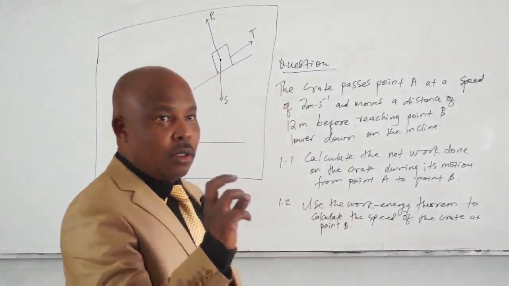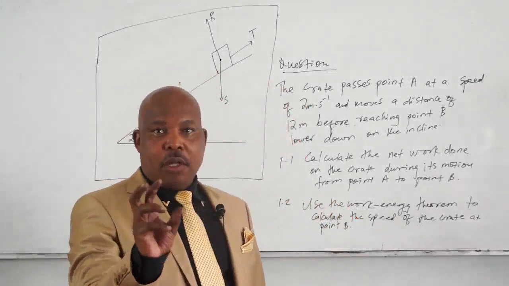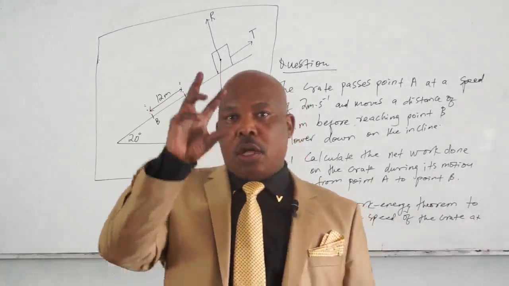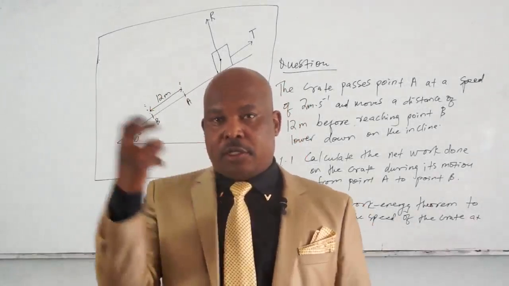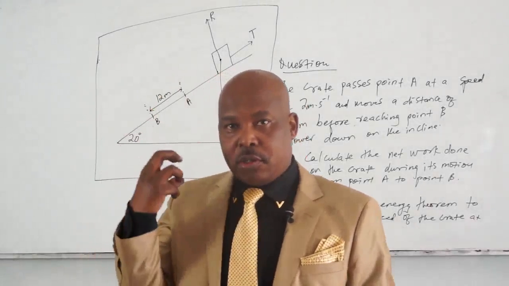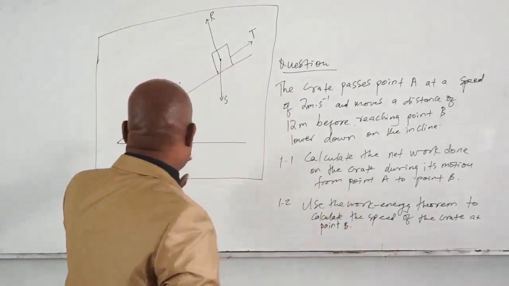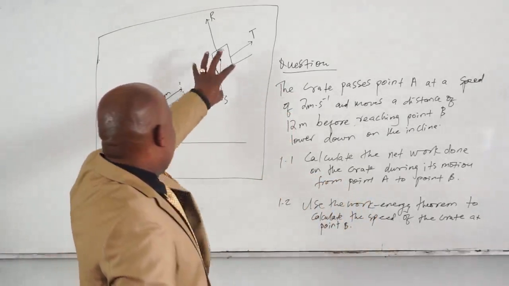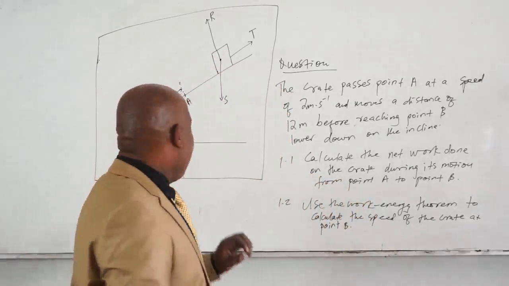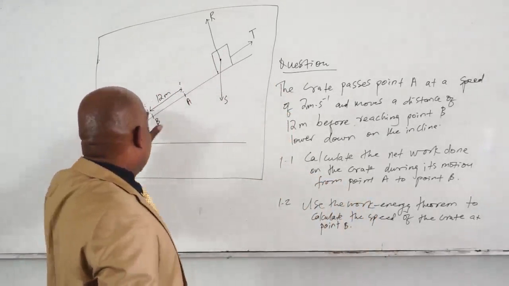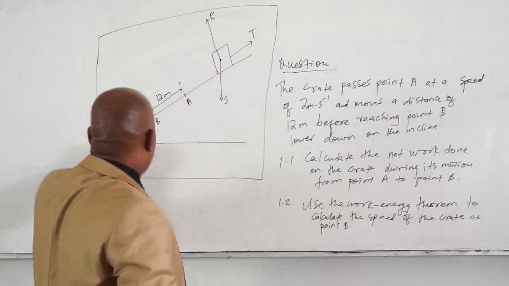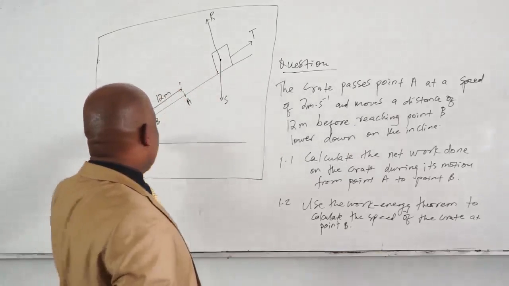Now continuing to do the second example. After I've explained to you how those forces work, let's look at this scenario, which is on the board. The first thing is you are given the crate, which has a mass of 70 kilograms, and it's sloping at 20 degrees to the horizontal.